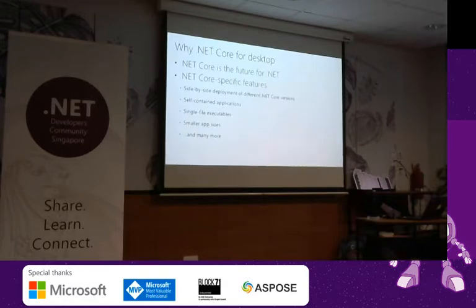There are a few special features in .NET Core that are not possible in .NET Framework. The first feature is that it supports side-by-side deployment of different .NET Core versions, where you can have different .NET Core applications running on the same machine.